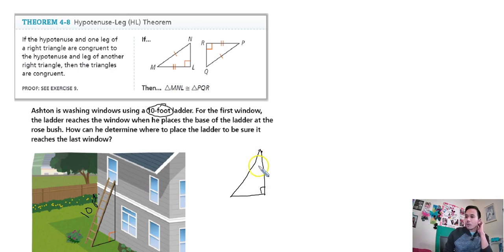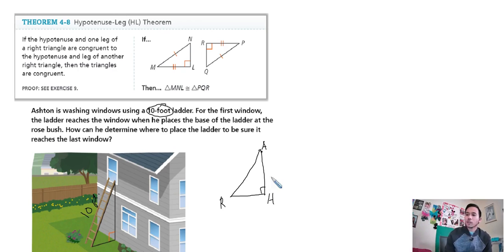Let's say this is R, this is the rose bush, and let's say RAH, just naming it. So triangle RAH is the one that is formed here.